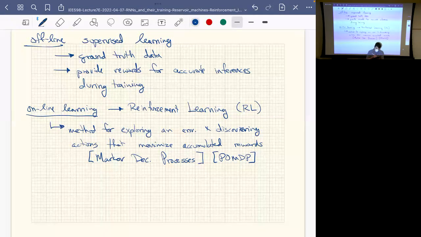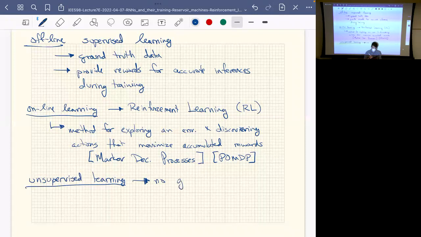But then there's also unsupervised learning. In unsupervised learning, there are no rewards, no given rewards. Here, the neural network rewards itself, and it does that by finding patterns.